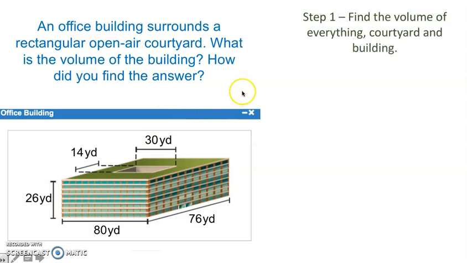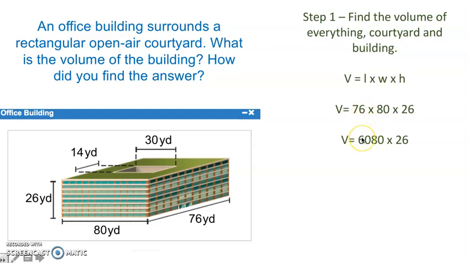Well, first, I think I'm going to find the volume of everything, the building and the courtyard together. I'm going to use my regular volume formula, length times width times height. Here's my length, here's my width, and here's my height, 26. These numbers are kind of big, so I need to really make sure that I multiply using my area model or maybe even the standard algorithm and double check my math.